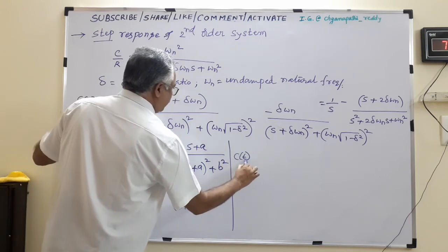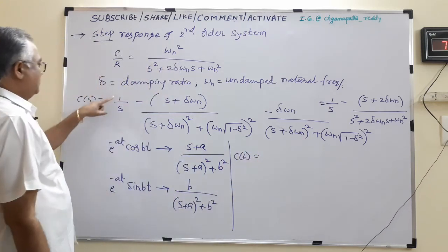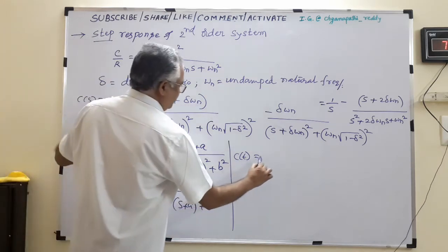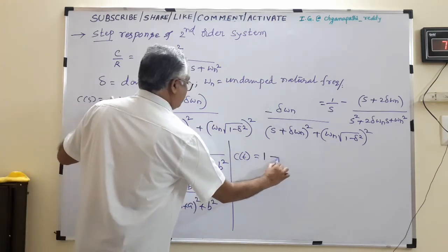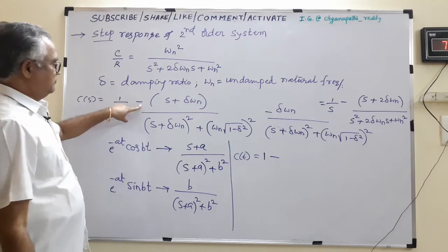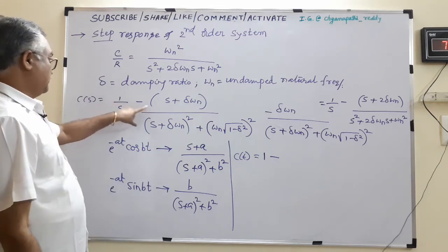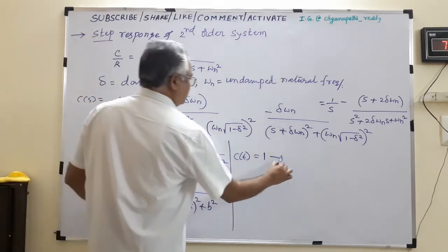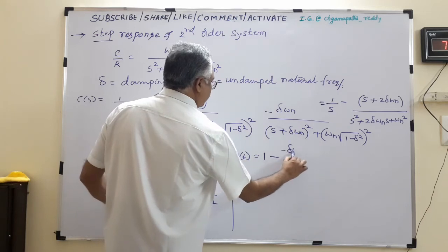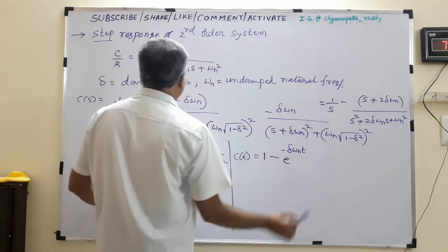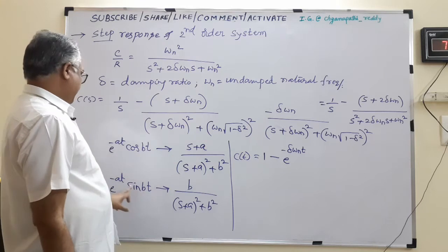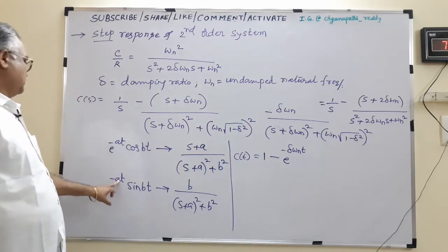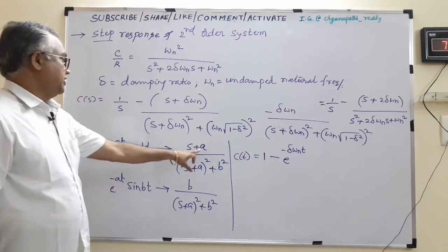So C of t is equal to 1 by S inverse is U of t, that is 1, minus e power minus delta omega n t, this A term. So what is A term here? Delta omega.